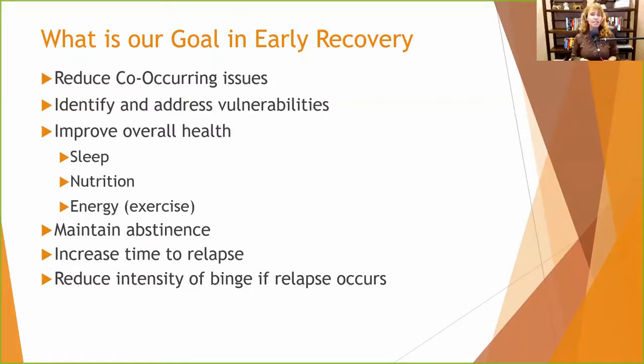And then we start identifying and addressing their vulnerabilities. If they're homeless, if they're not eating enough, if they've got hepatitis C, if they've got anything else going on that might be contributing to their stress, their pain, and their neurotransmitter imbalance. So we help them improve overall health, education, nutrition, energy, help them maintain abstinence.